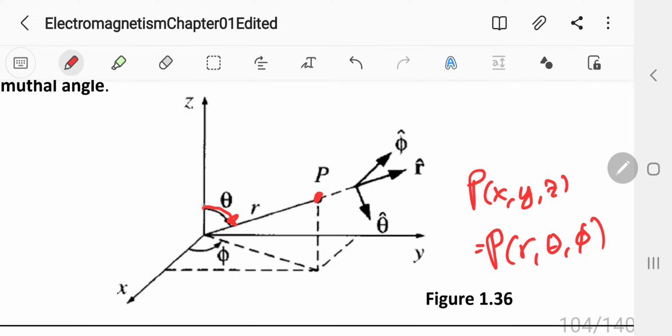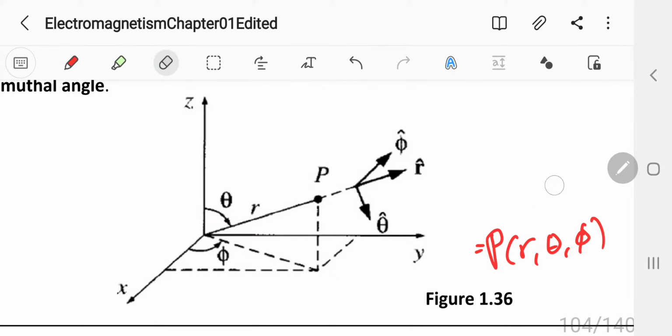So theta is measured from the z-axis, and then phi is measured from the x-axis towards the projection of this r vector towards P. So you have our projection on the xy plane, and phi is there.